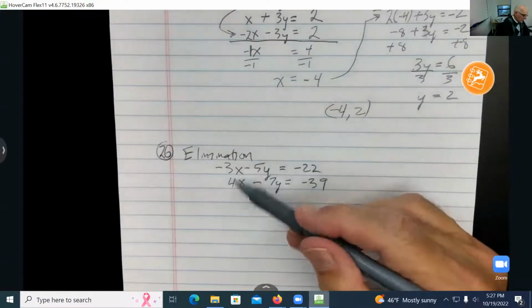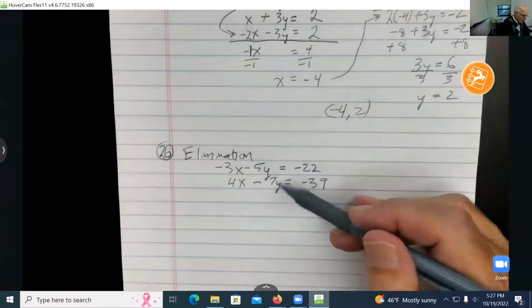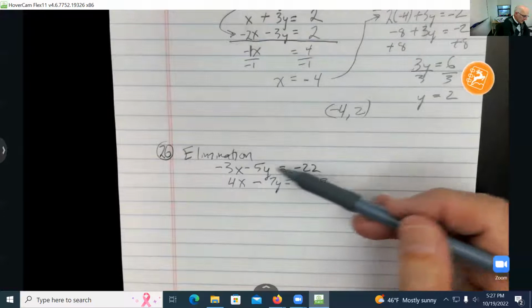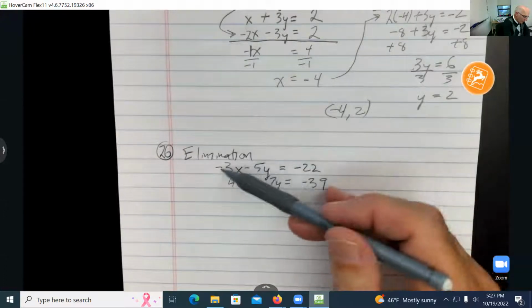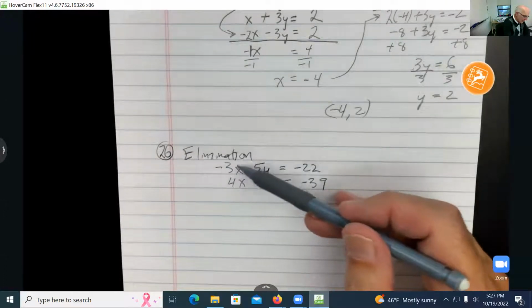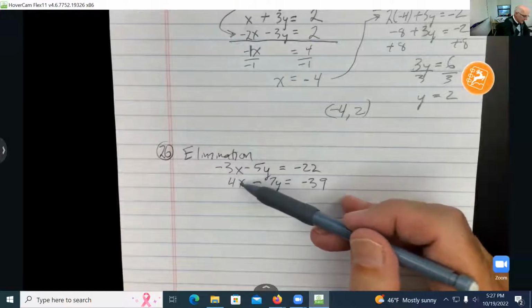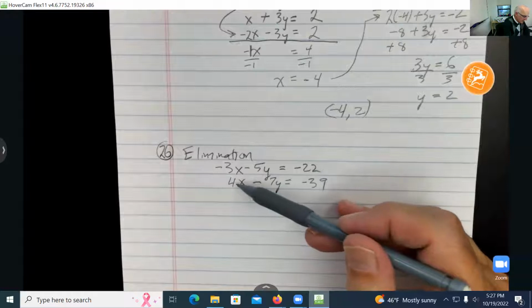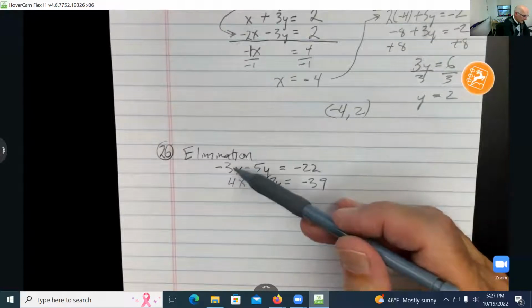This one isn't quite as convenient for eliminating x or y. What I'm going to do is multiply this top equation by 4, which will make this -12x. I'm going to multiply the bottom equation by 3 to make this +12x, and that will cancel these out.